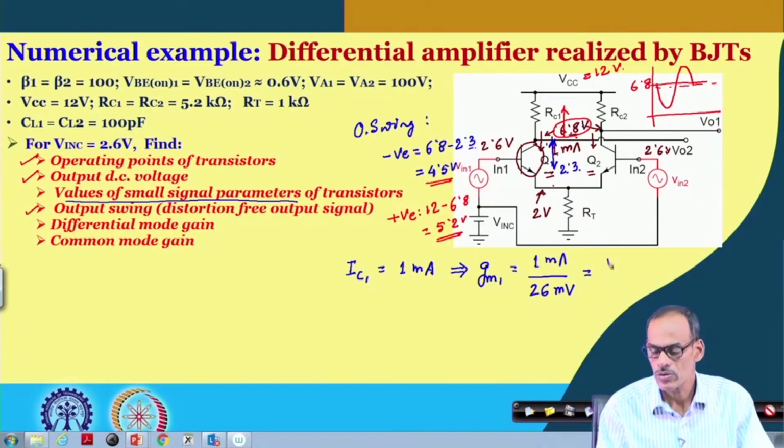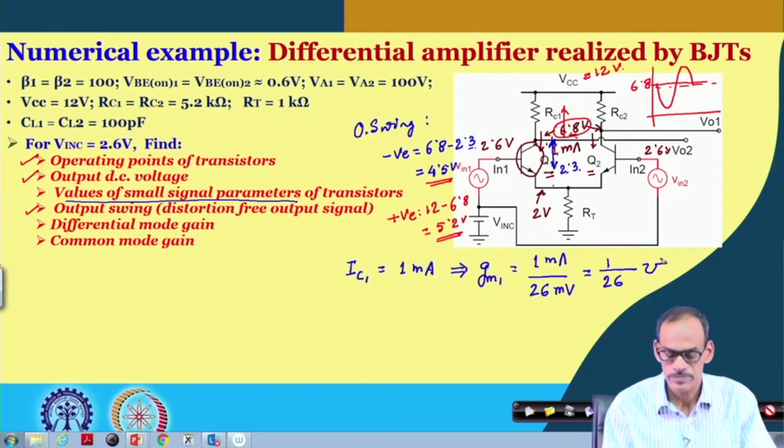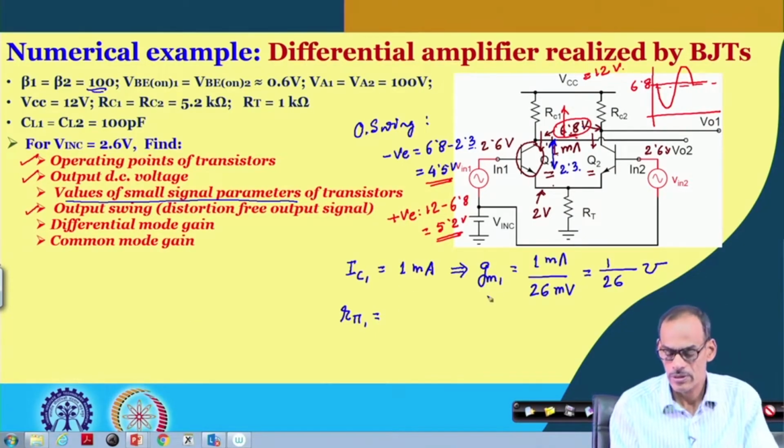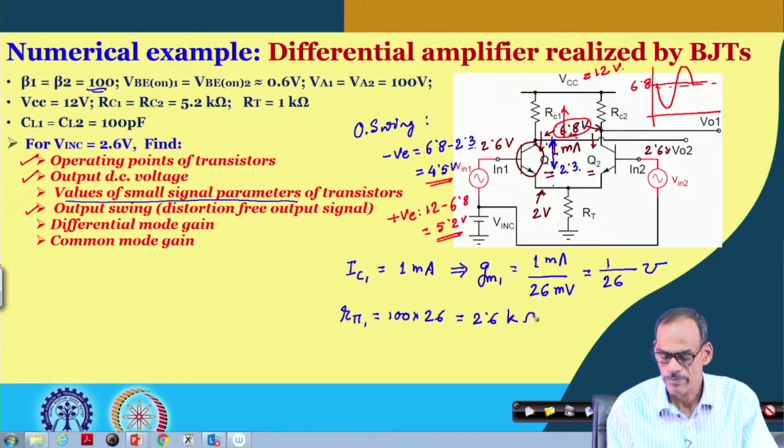So, that is equal to 1 by 26 mho, and then r pi equals beta divided by gm, so that is 100 multiplied by 26, which is equal to 2.6 kilo ohm.